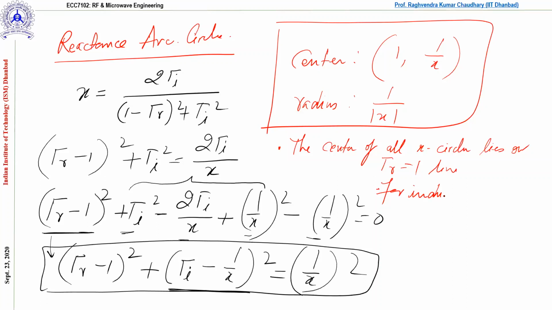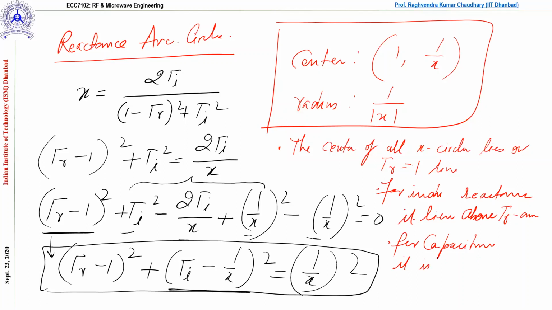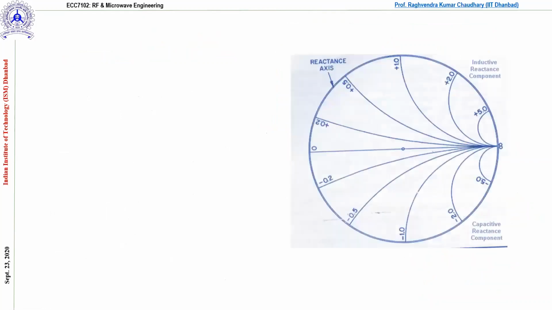For inductive reactance, it lies above the gamma r axis, and for capacitive, it is below the gamma r axis. It is a really very important point. Finally, we are going to conclude all those things, and they will be used for particular applications, correct?